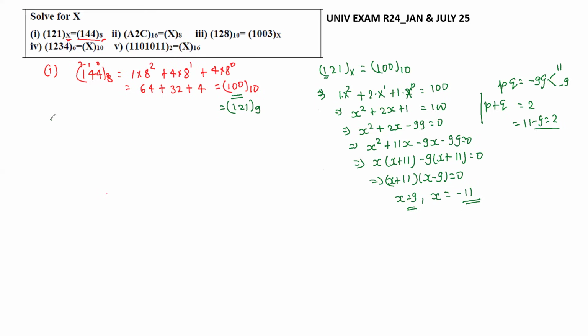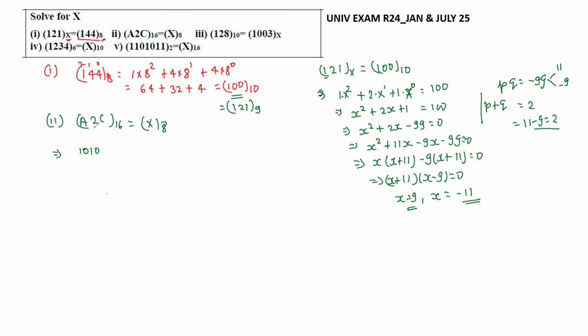Another question, the second one is what? Here given A2C in base 16, it is hexadecimal, and you have to find it in octal. This is quite easy when we have to convert hexadecimal, octal, all these things. Hexadecimal A is equivalent to how much? 10. Okay. So 10, how will we write it in binary? 1010.